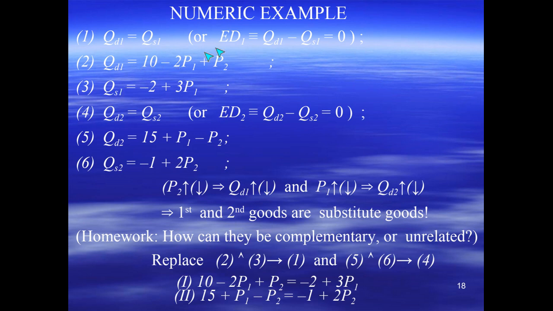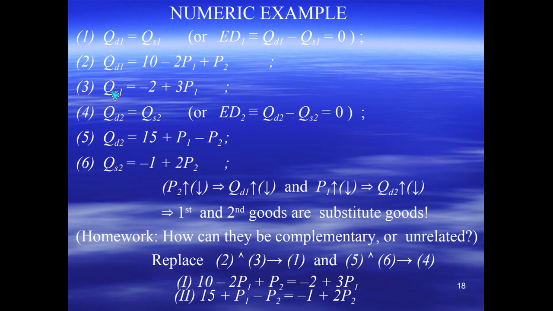So QD1, the demand equation for the first good, is 10 minus 2P1 plus P2. You see that both P1 and P2 appear in the demand equation for the first good. The first equation is the equilibrium condition for the first good, for the first market. First good means first market. Second good means second market. We have one market for each good.